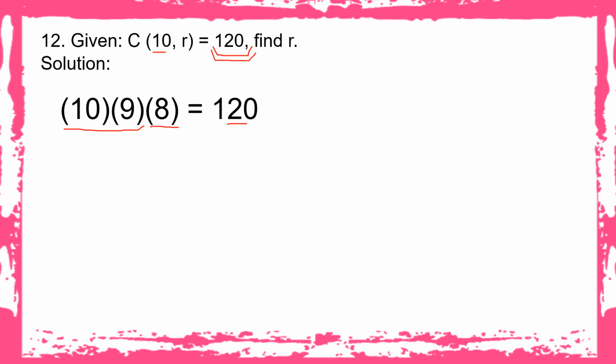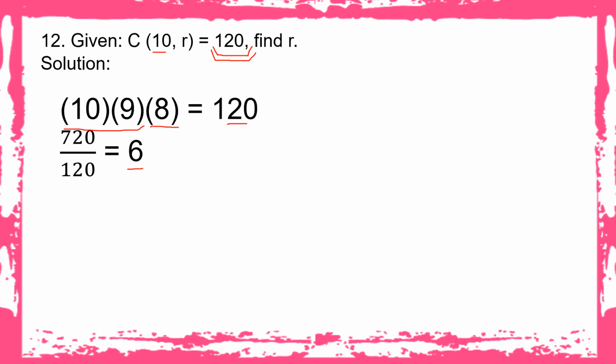So we will try to divide it by 120. 720 divided by 120, correct? The answer is 6. And again, the quotient must have its factorial notation form. So think of the factorial notation form of 6.